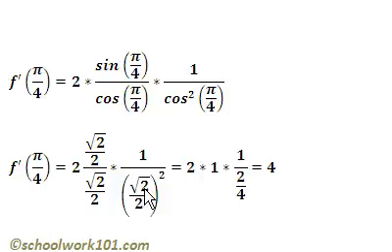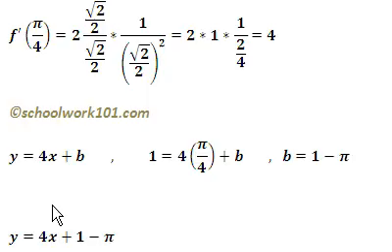And then we've got, let's see, the square root of 2 over 2 squared, so we're going to square the square root of 2, which just gives us a 2, and then you square 2 and you get 4, and then we're going to do a little flipping around here, but the whole thing equals 4. So it looks like the slope of the tangent line at pi over 4 is 4.